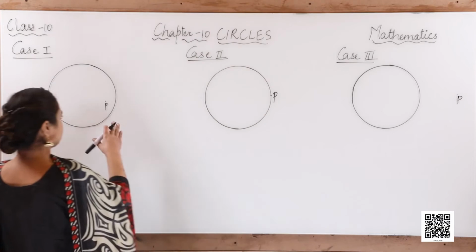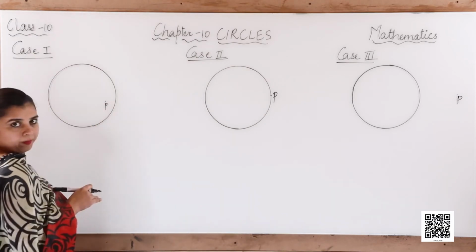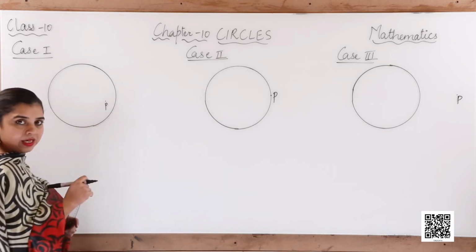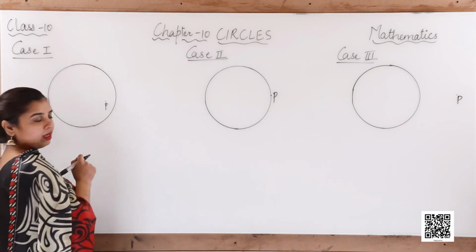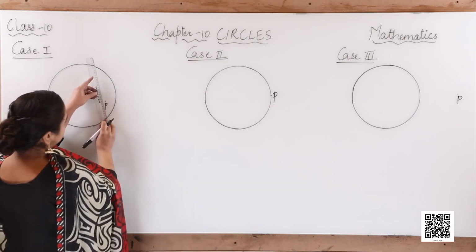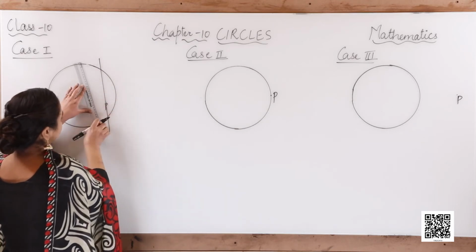Now what can be the possibility? If we want a tangent which passes through point P, is it possible in this case that there is a tangent which passes through point P? Now if I try to draw any line passing through point P, you can take any number of lines.